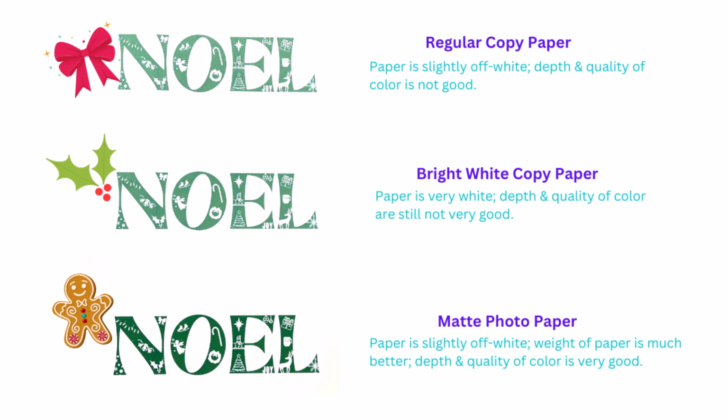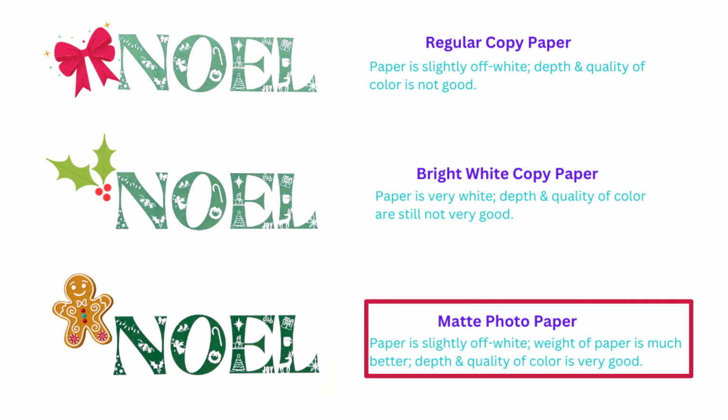Now, what I do like doing colored printing on for cards is matte photo paper. And I guess you could do it on the glossy as well, but I really like matte photo paper. It's a really good weight. It isn't quite as white as the bright white copy paper, but it's not so off-white that you would notice it or be having a problem with it.